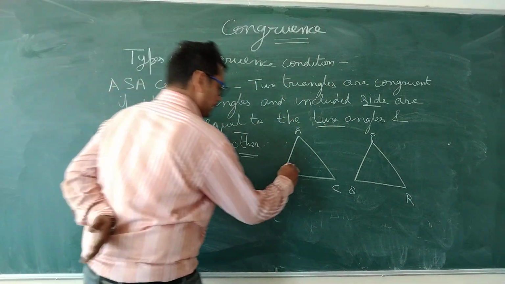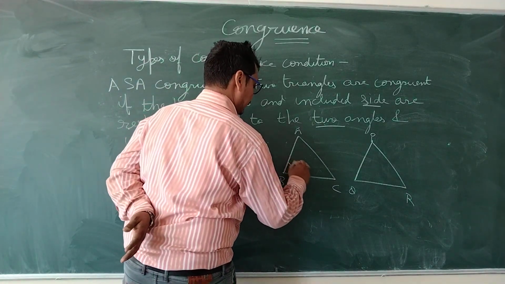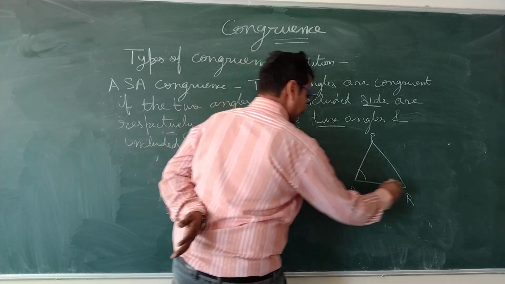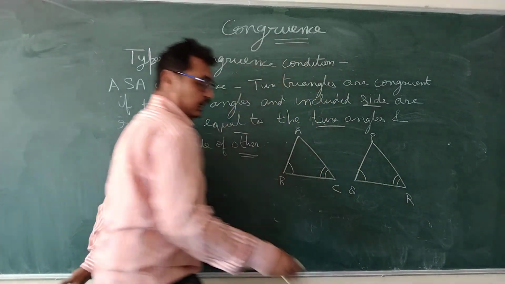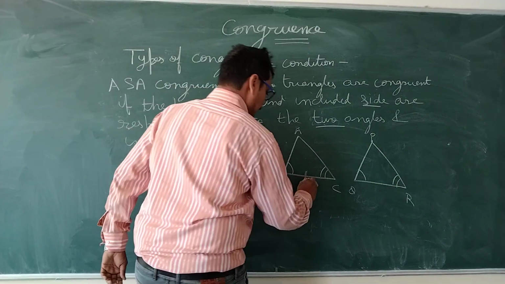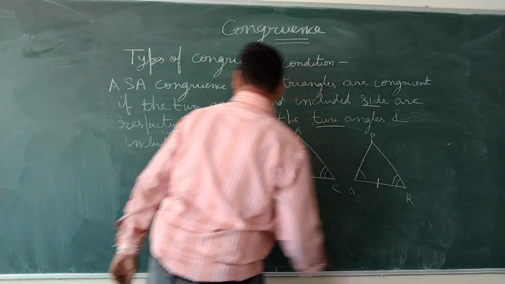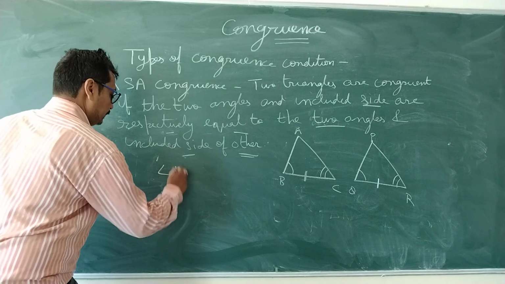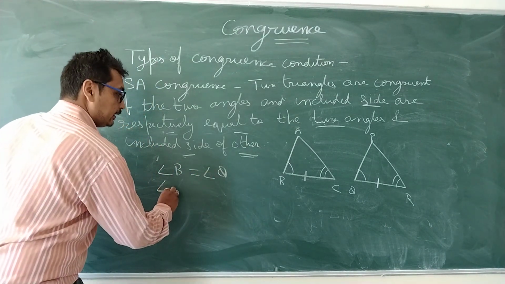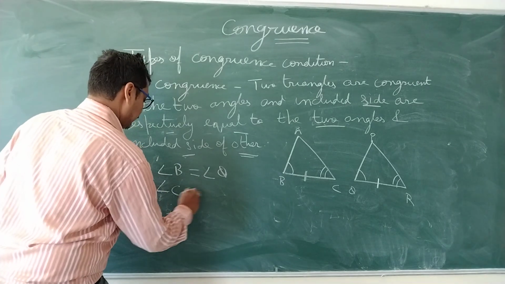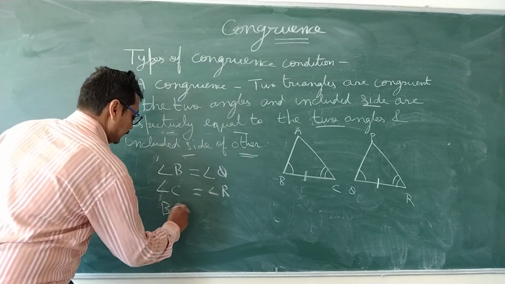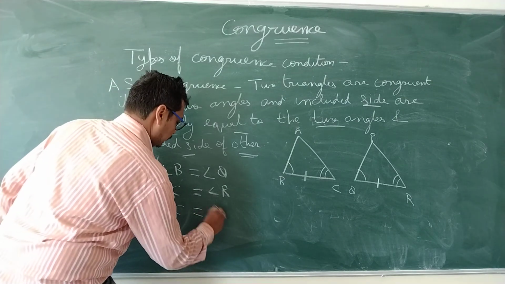Let us say angle B is equal to angle Q, angle C is equal to angle R, and BC is equal to QR.